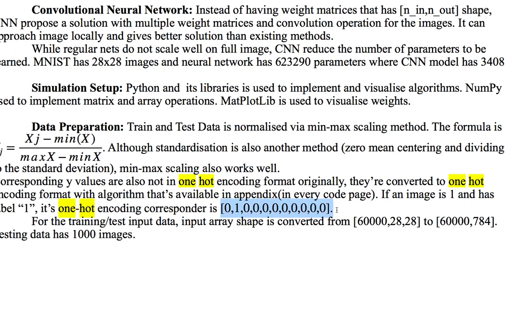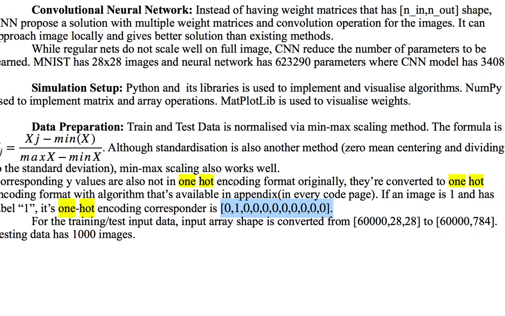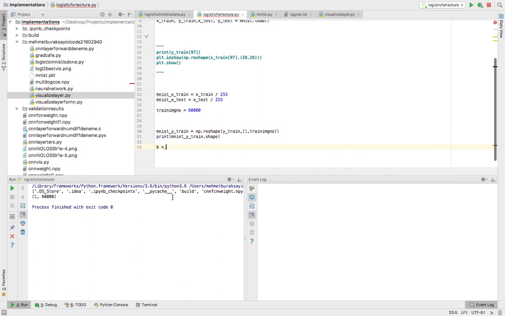I will have 60,000 rows, and they will be all zeros, so all elements will be 0. And if my image is, let's say, 1 or 2, I would like to convert it that way.